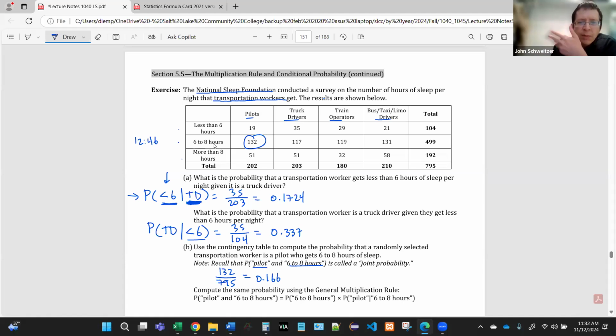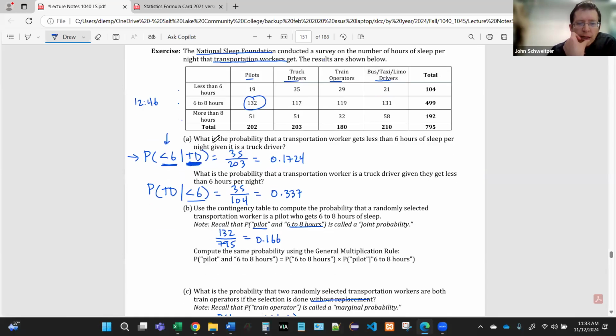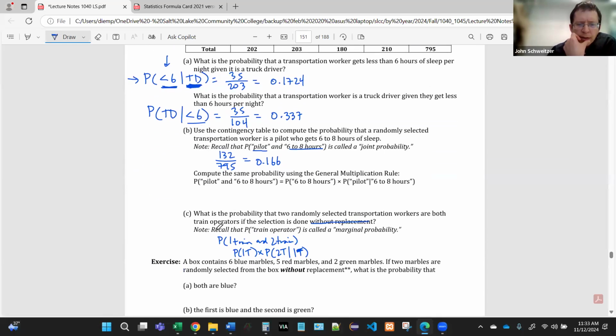Maybe one of these sectors is famous for having poor working conditions, and we're trying to see if that is true for sleep. So it's a contingency table, and we were using it to practice with these rules of probability. I don't remember if we finished it or not.